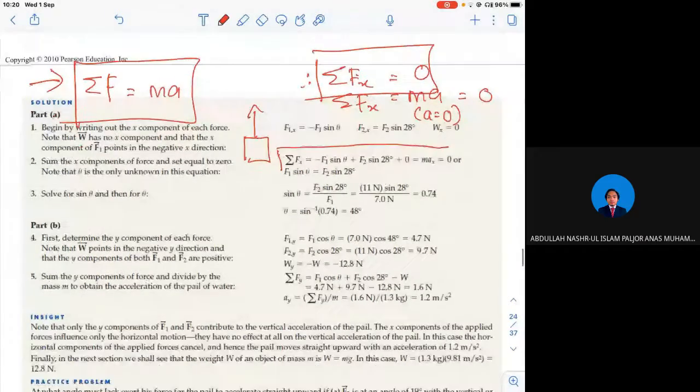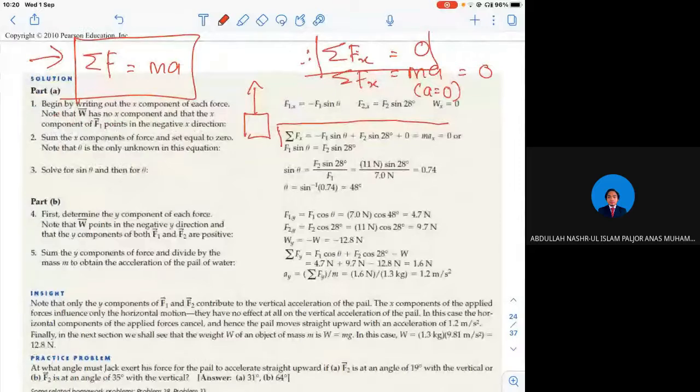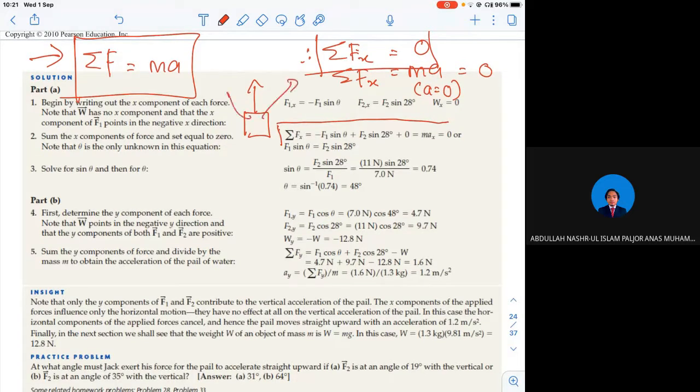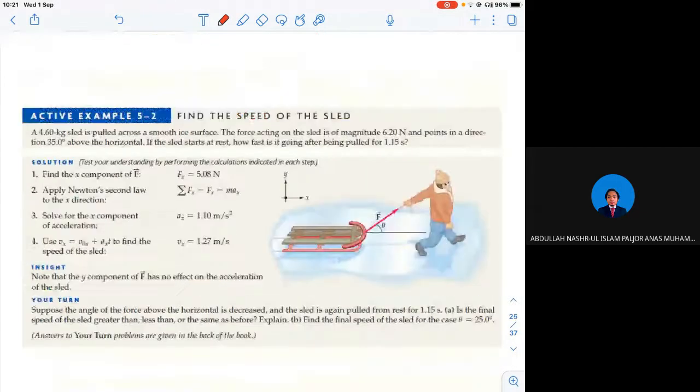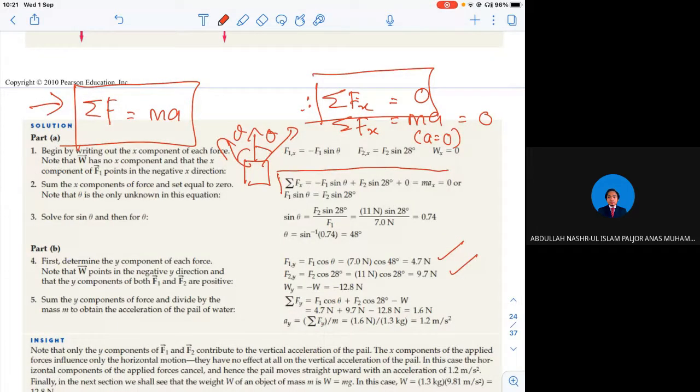So this example is very good when dealing with a situation where Jack and Jill are trying to carry up the pail. They carry up the pail, which means the motion is in the y-axis. But because both have an angle, we need to resolve into components, and then it goes against the y component from the weight itself, negative 12.8.